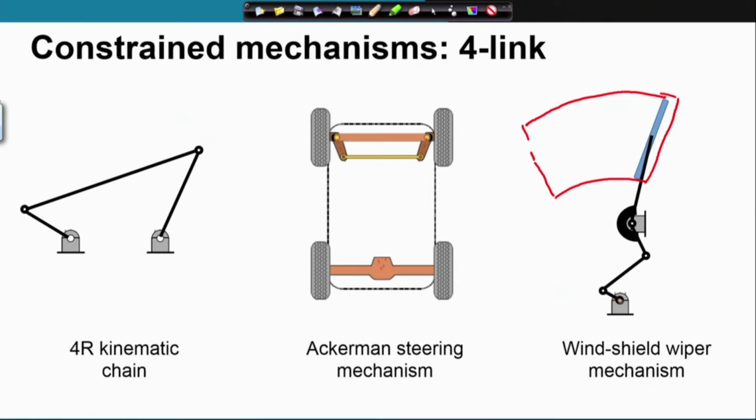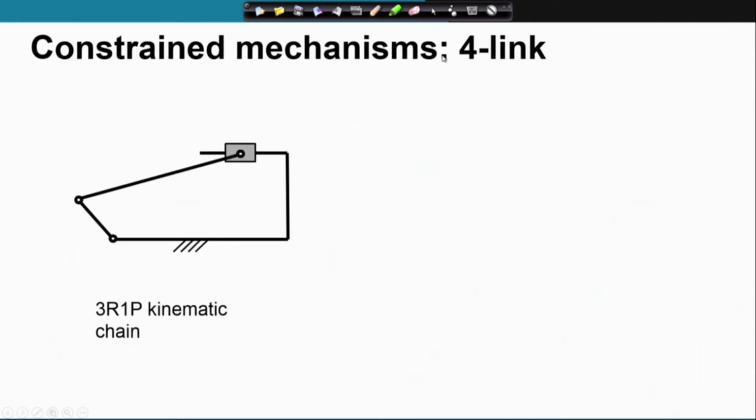Here you have a motor which is rotating this link. 1 is the ground, 2 is the crank here. This link, 3, is the coupler and 4 is connected to the wiper. So, these are applications of the 4R kinematic chain.